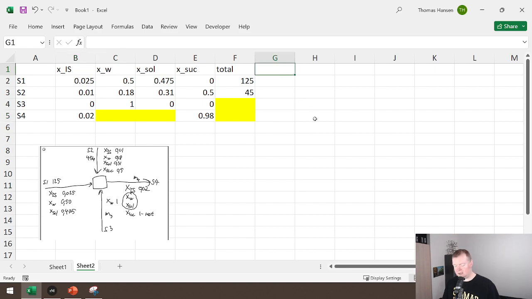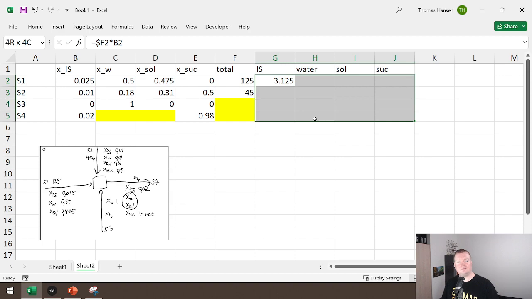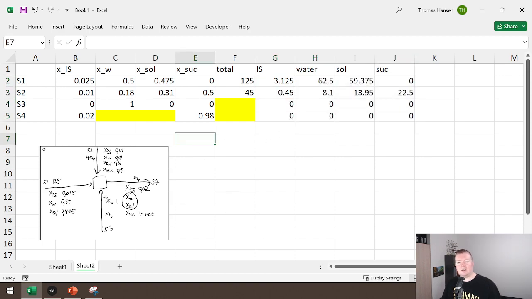And I can then calculate the amounts of invert sugar, water, solids, and sucrose, just like we always do, multiplied by percentage. Write them down. And again, I only have 1 unit operation. So I'm just going to look at the single unit operation.